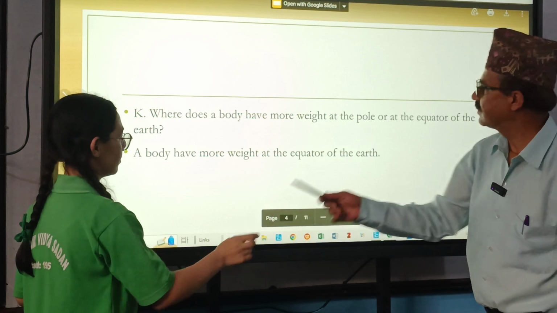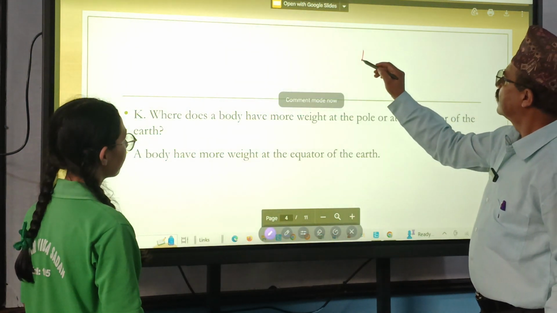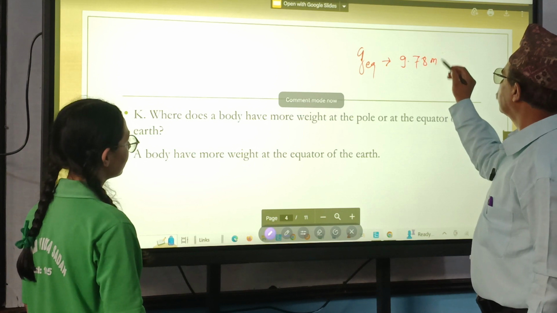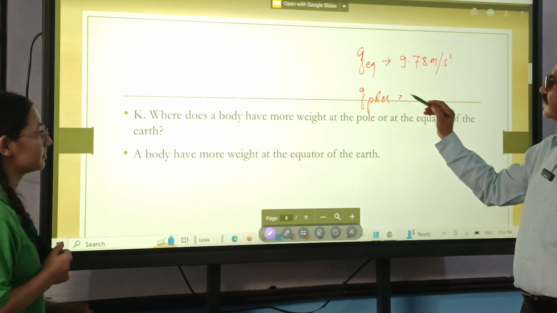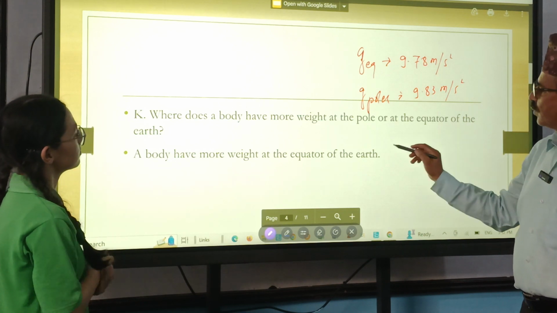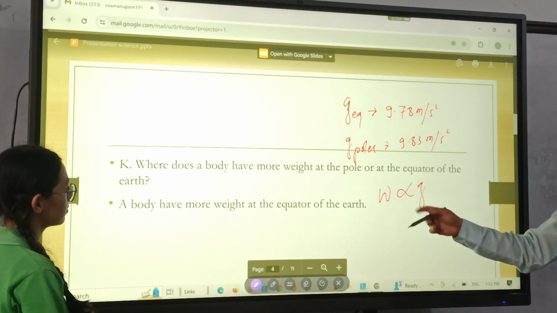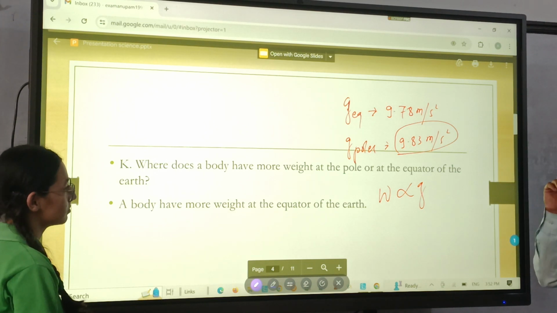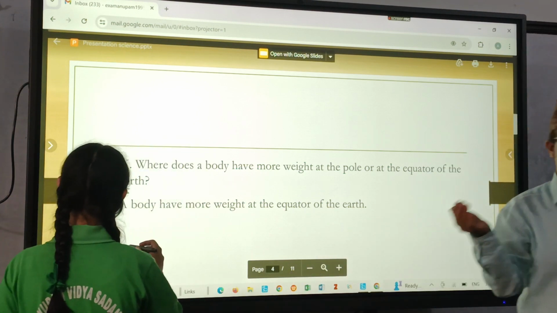Like we discussed, G at equator is 9.78 meter per second square, and G at poles is 9.83 meter per second square. We know W is directly proportional to G. More acceleration due to gravity, more weight. So acceleration due to gravity is more at the poles, weight is also more. Okay, you correct it. Sometimes we make mistakes, no problem. We just correct and learn.